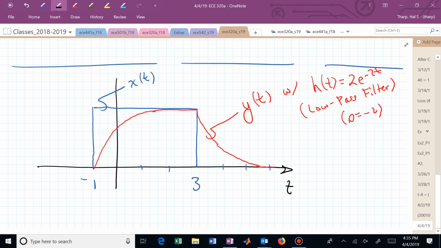Or we now could say, if I have 10 e to the minus 10t, what's my time constant? 1/10. How many of those do I have to wait before I'm reaching a steady state? 5. 5 times 1/10 is 1/2.